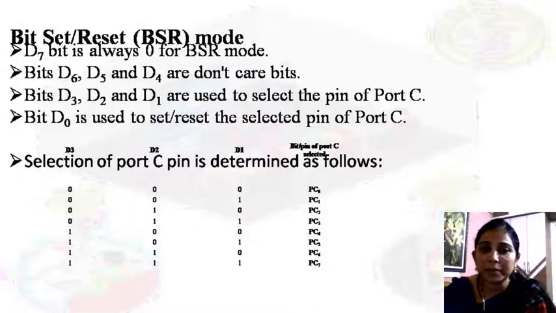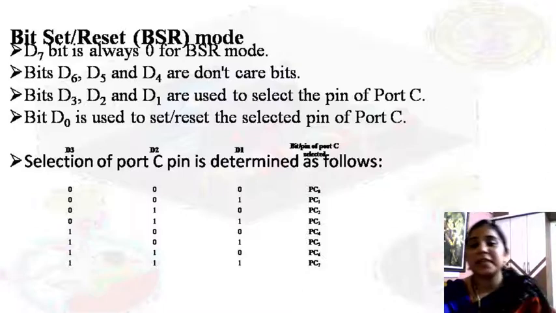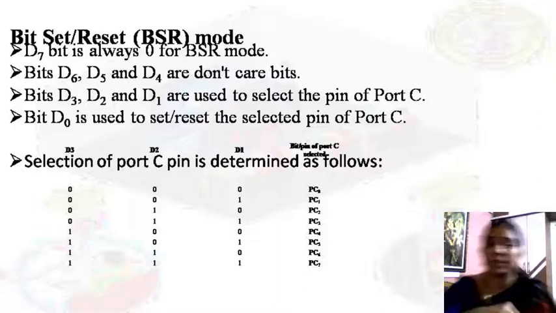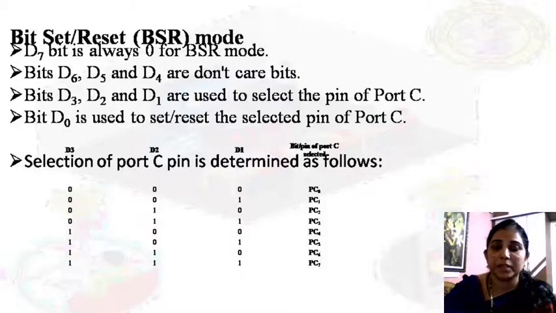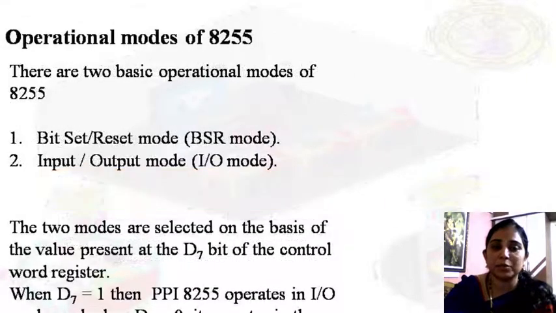If the D0 bit content is 0, that means the fourth bit of PC is also 0. That means the D0 bit is used to set or reset. We can set or reset the selected pin of port C using the D0 bit. This is all about BSR mode.